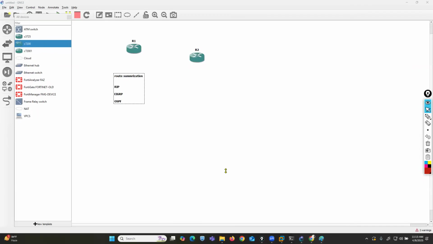Let me do the last check. This one exists, OSPF also exists, and switching also exists already. I think I got all. Yes, 10 slides.